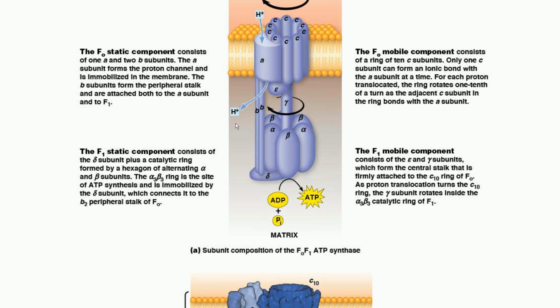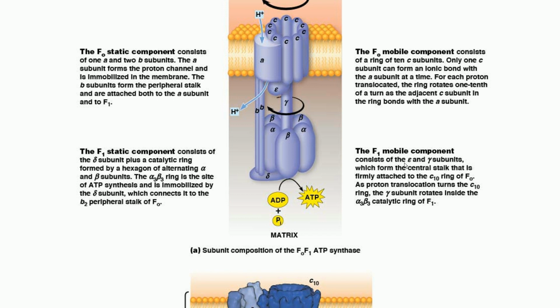So the static part of F1 consists of the delta subunit plus a catalytic ring formed by a hexagon of alternating alpha and beta subunits. The alpha 3 beta 3 ring is the site of ATP synthesis and is immobilized by the delta subunit. So it's sitting on this. And this delta is connected to the B1 of the FO subunit.